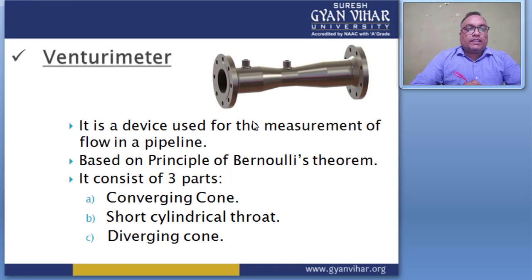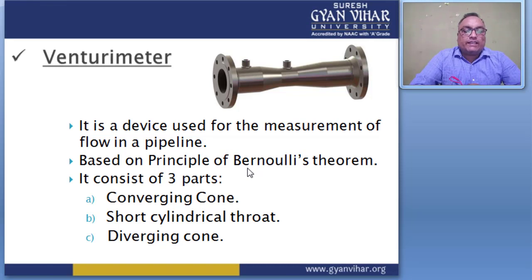This is the real picture of the venturimeter, and in this picture, this is one pressure probe and this is the other pressure probe. This device is used for the measurement of flow inside this pipeline, and based on the principle of Bernoulli's theorem, it consists of three parts: first the converging cone, second the short cylinder throat, and third the diverging cone.